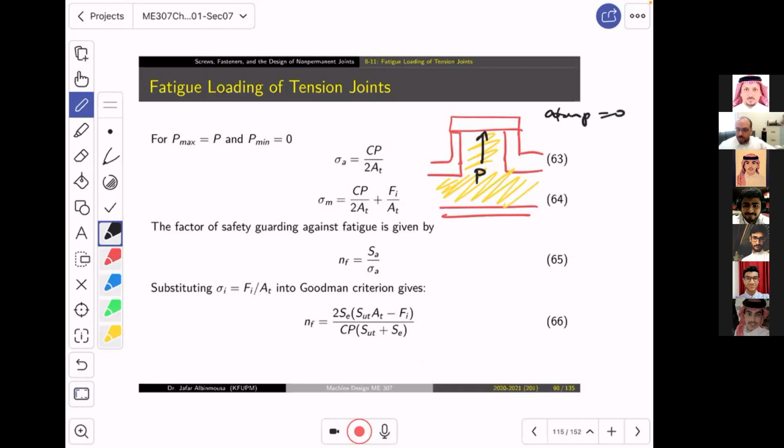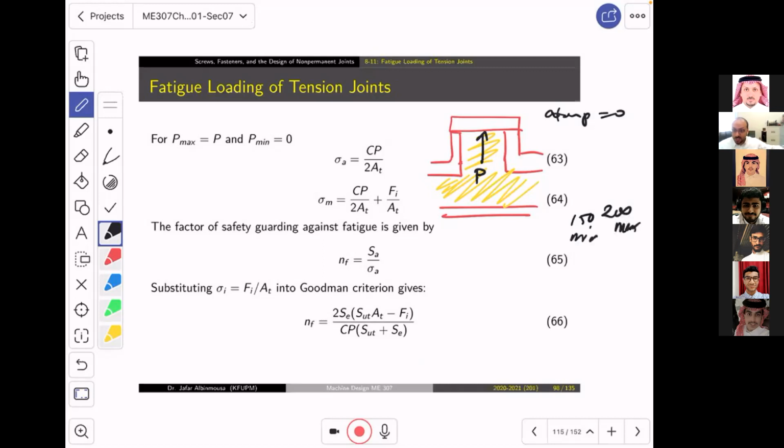Everything is pressurized with that pressure. Anything above it will be a positive pressure. So the fluctuation might go between, let's say, 200 kilopascal and 150 kilopascal. This is possible. So this is the maximum and this is the minimum.